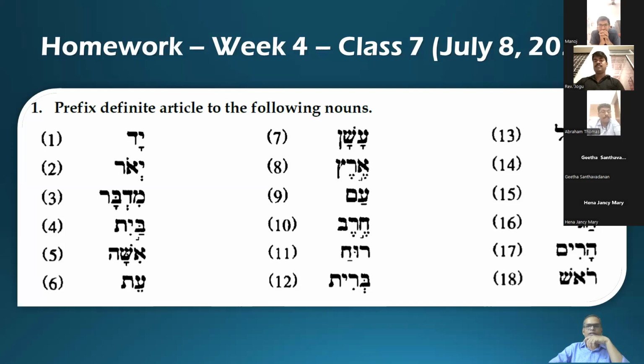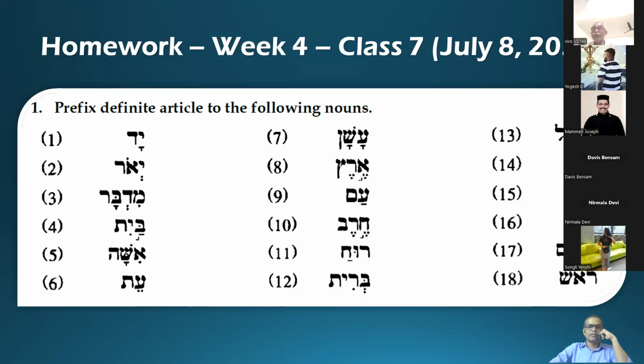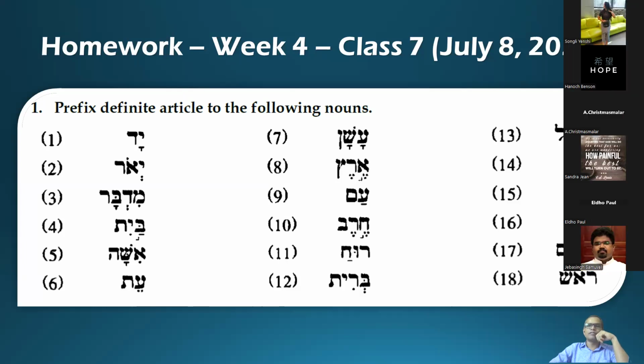Okay. Definite article. Hagan. Okay. Ha is pata, and then Dagesh forte comes inside Gimal. Yes, it is placed in Gimal. So now without the definite article, Gimal is carrying Dagesh lene. After placing the definite article, it will become Dagesh forte. All right.